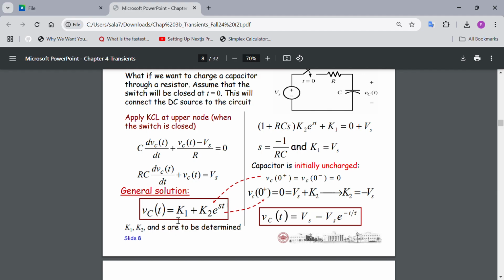Here we have three constants, which are k1, k2, and s.